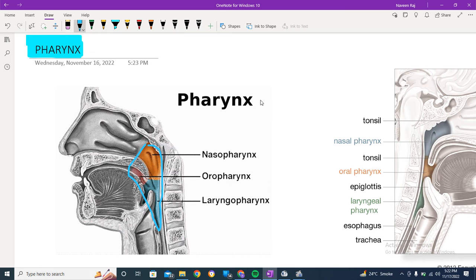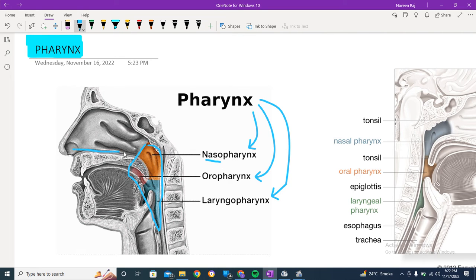The pharynx has three parts: the laryngopharynx, the oropharynx, and the nasopharynx. Naso means nose, so it is the nose region, the nasal cavity region of the pharynx.